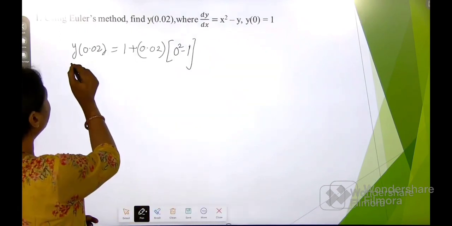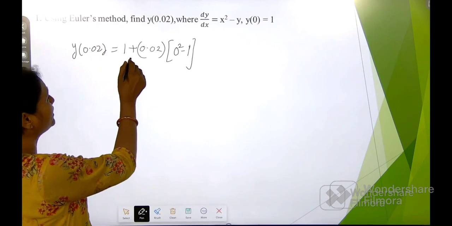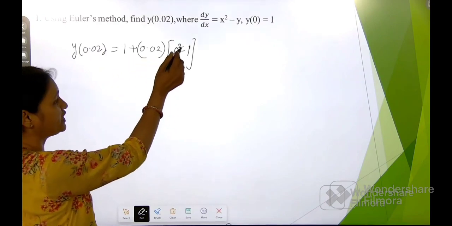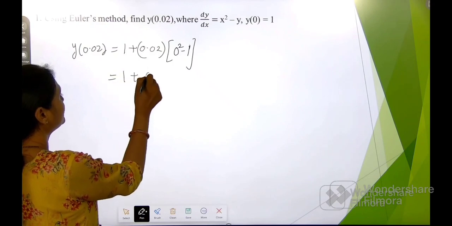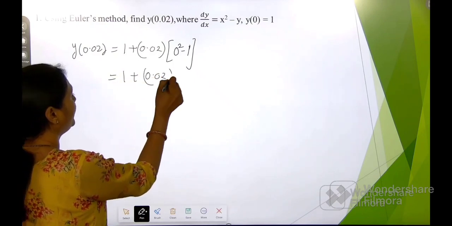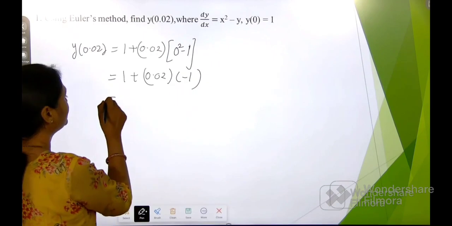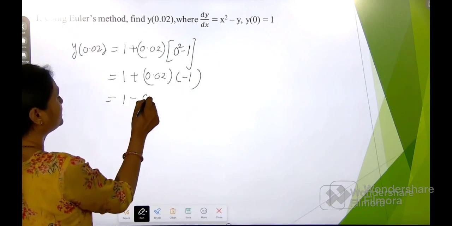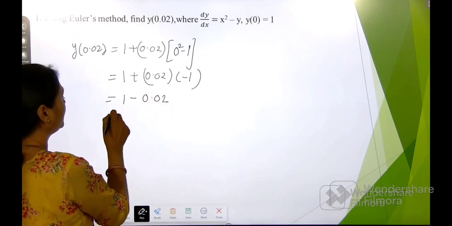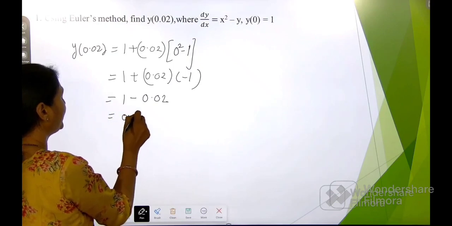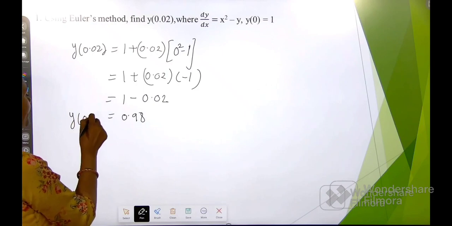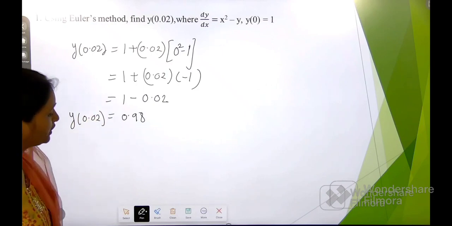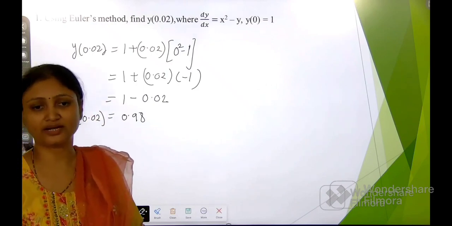So here y of 0.02 is equal to 1 plus 0.02 into 0 square minus 1. So this is equal to 1 plus 0.02 into minus 1, and this is equal to 1 minus 0.02 equal to 0.98. So we found the value of y of 0.02 equal to 0.98 using Euler's method.